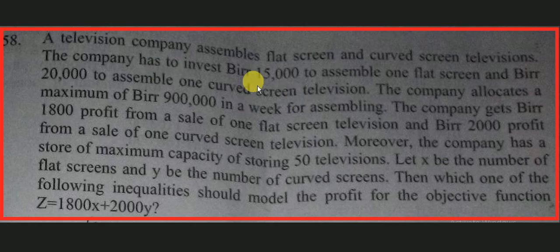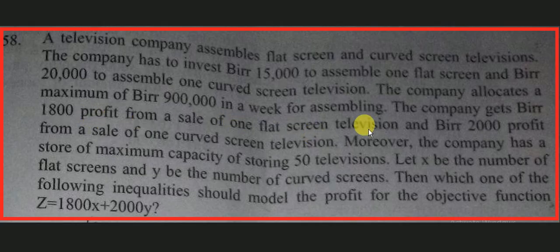To assemble one flat screen the cost is 15,000 and for one curved screen is 20,000. The company allocates a maximum of BR 900,000 weekly budget for assembling.